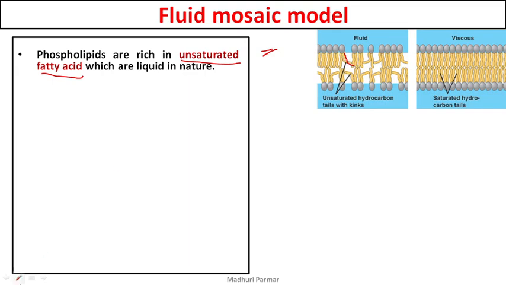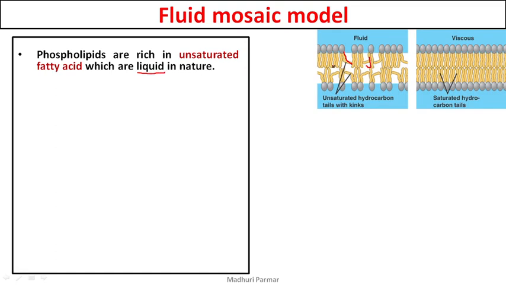This also we will discuss in biomolecules in detail, but for now just understand that because of that kink their structure is a little bent. Now because it is a bent structure, they will not be arranged in a uniform manner, and this means that the membrane will be fluid. It will be liquid in nature.